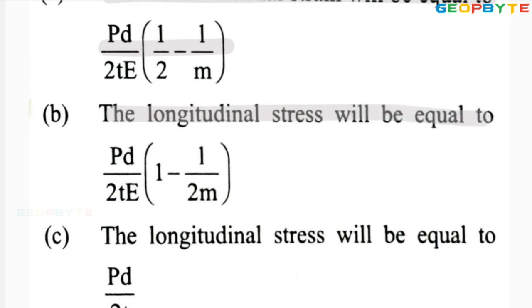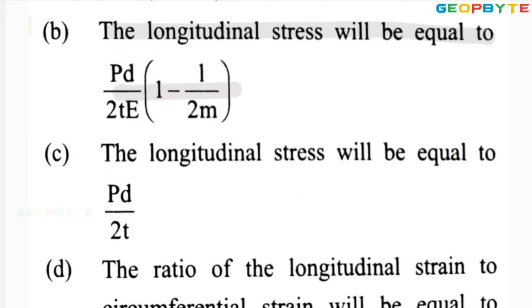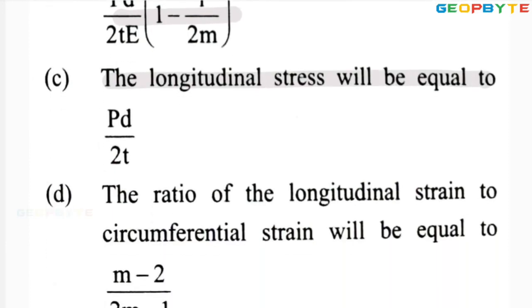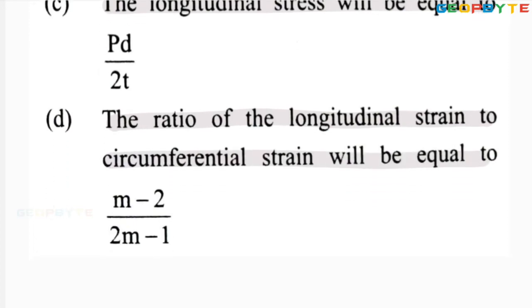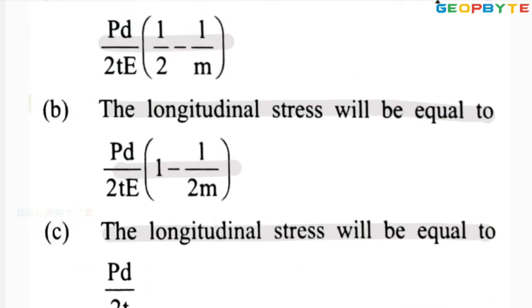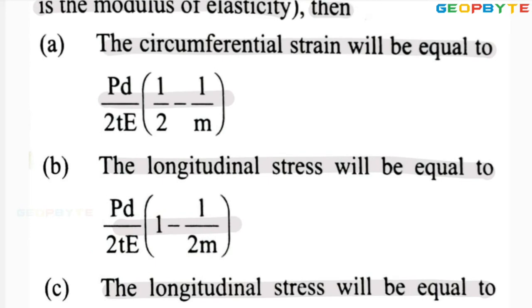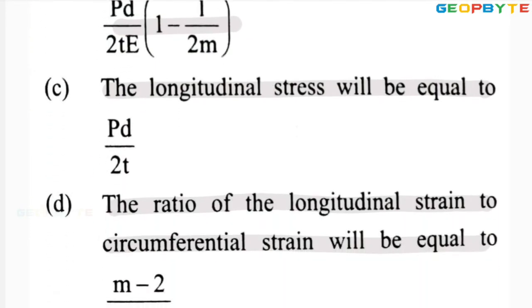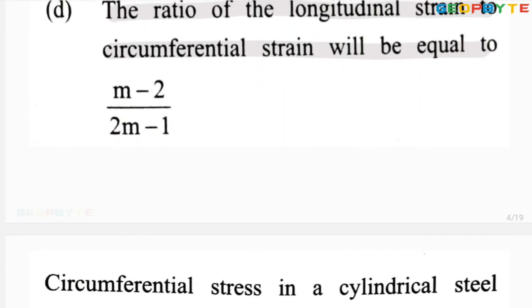This is the longitudinal stress given. Third one, the longitudinal stress will be equal to PD by 2T. Last one, the ratio of longitudinal strain to the circumferential strain will be equal to this one. The very first one is circumferential strain. Okay, no problem.